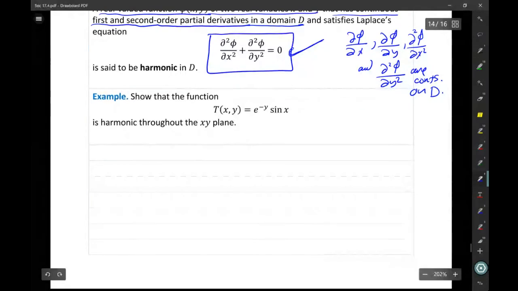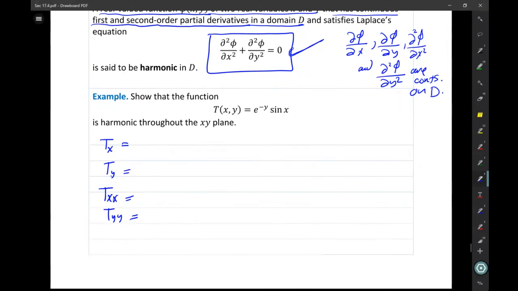I have to check T sub x, T sub y, T sub xx, T sub yy, and those first and second partial derivatives to see whether they are continuous on the xy plane or not. If they are, then I have to check the Laplace equation. When we say T sub x, it means I have to assume x is the variable and y is a constant.